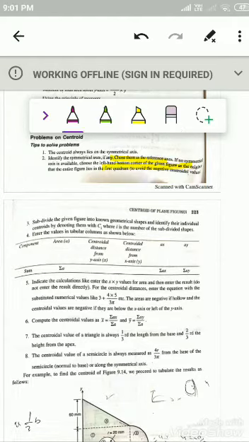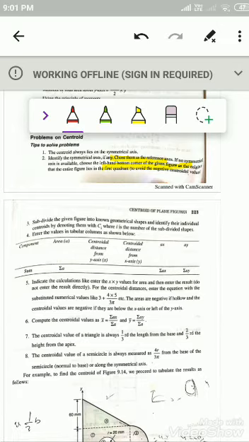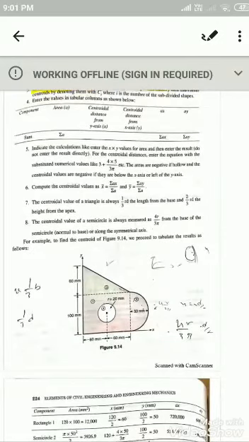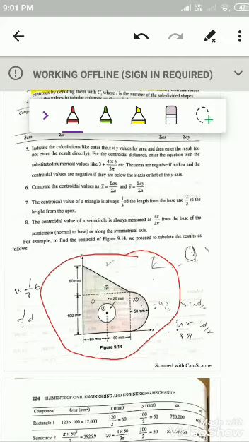The next step is to subdivide the given figure into known geometrical shapes. Let me show you the figure. If this type of figure is given, don't consider the dotted lines first.